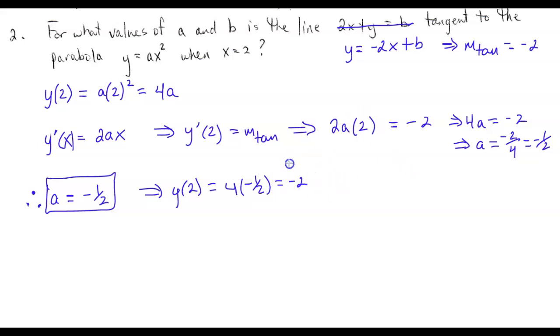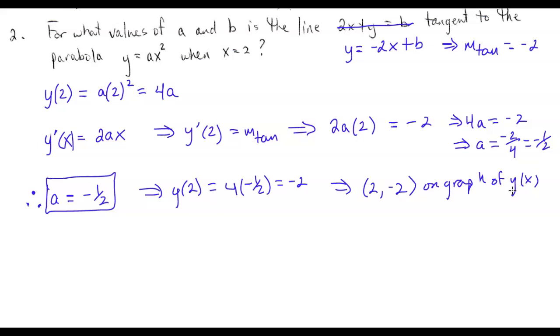So now that we have this, this tells us that the point (2, -2) is on the graph of y of x. Okay.